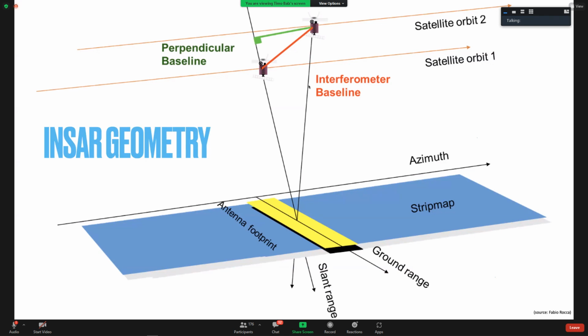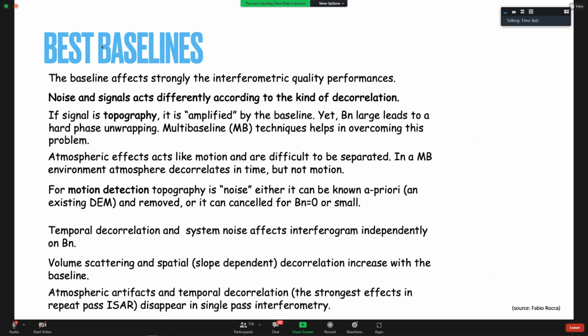And it is very clear that there is no simple answer to the question. However, I found a slide from Professor Oka to discuss a bit about best baselines. The baselines that we use, perpendicular and temporal, have a strong effect on our quality.